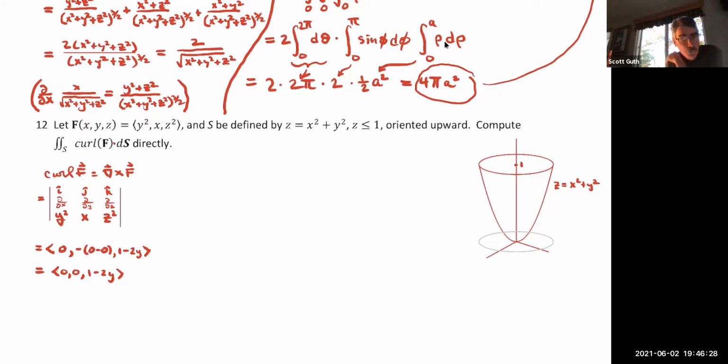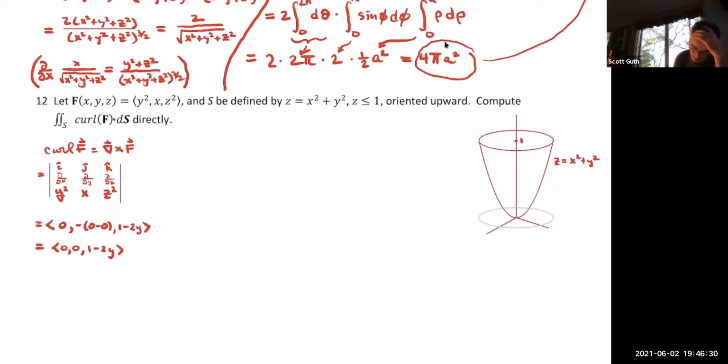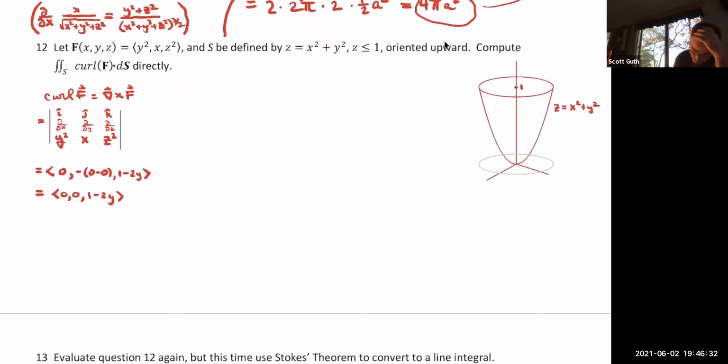This one wants an upward normal. So just for your notes, remember that if a surface is z equals g of x, y, then there are two formulas.